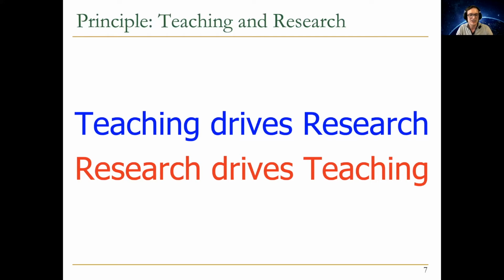Teaching drives research, meaning that by understanding the fundamentals, you can actually do something fundamentally better and improve the state of the art, make lives better, as we will discuss. And research drives teaching, because once you have figured out a better way of doing things, that becomes a fundamental component for future generations. So essentially, research from 10 years ago becomes education 10 years later, let's say.